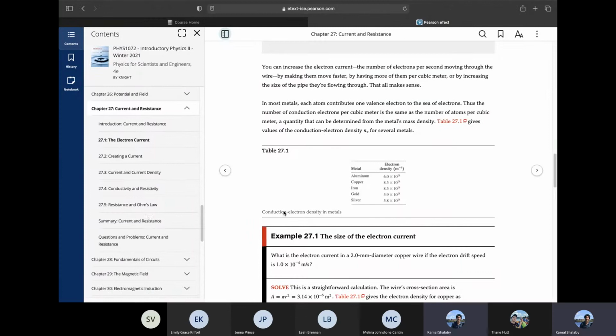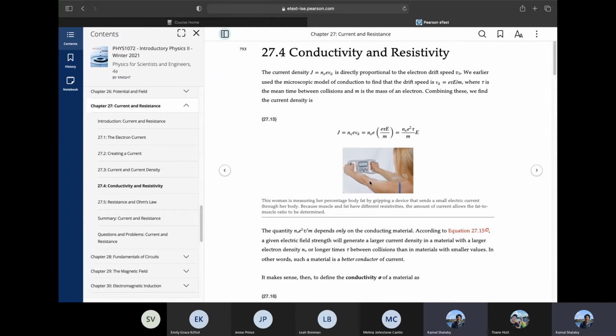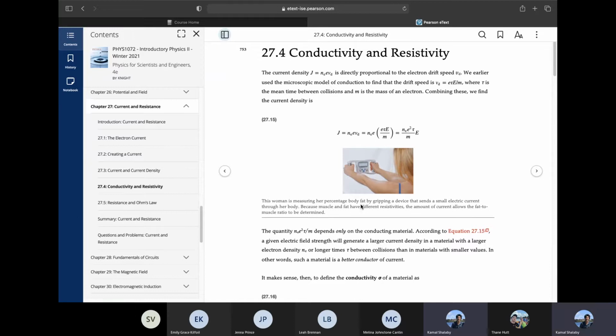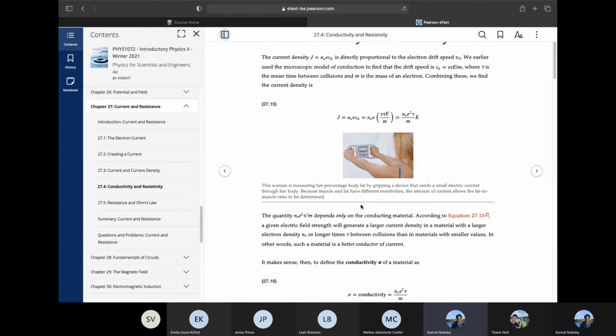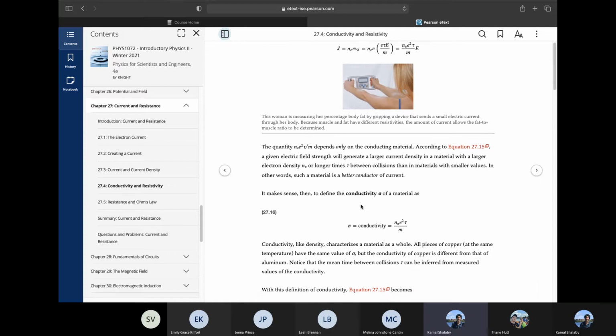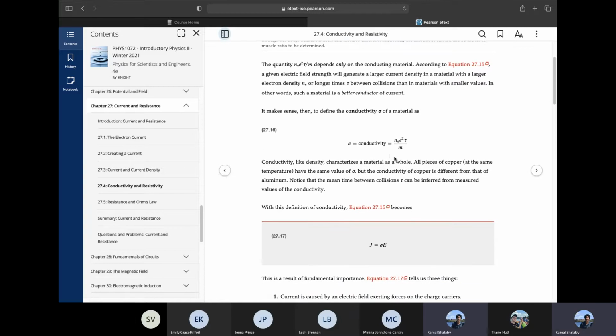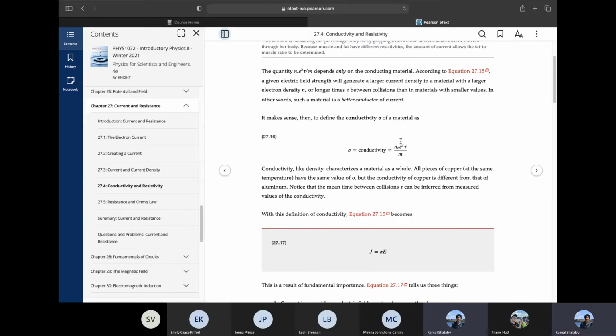And you're good to go. Just need to check again what is e, because e should be the charge of the electron. Yeah, e is the charge of the electron.